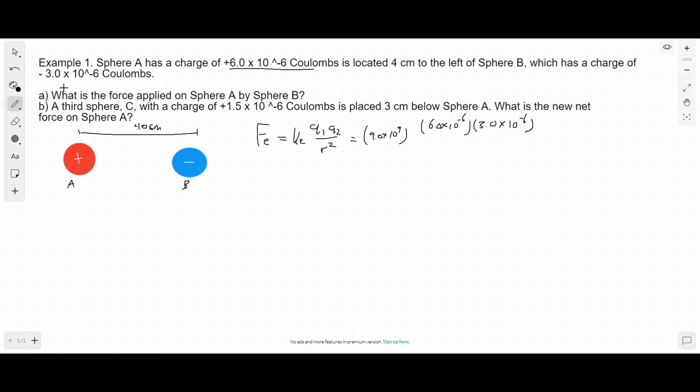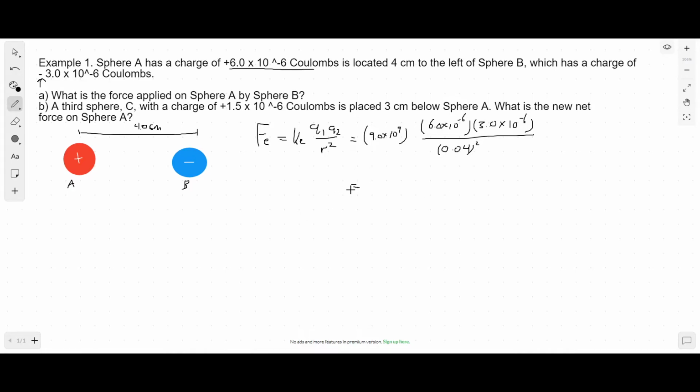Now, you may have noticed that I didn't include the negative sign in the calculation, and I'll talk about why in just a second. We're going to divide by the distance between them squared. The distance between them is 4 centimeters, but we have to change that to meters first. So we're just going to move the decimal over twice. 0.04 squared.